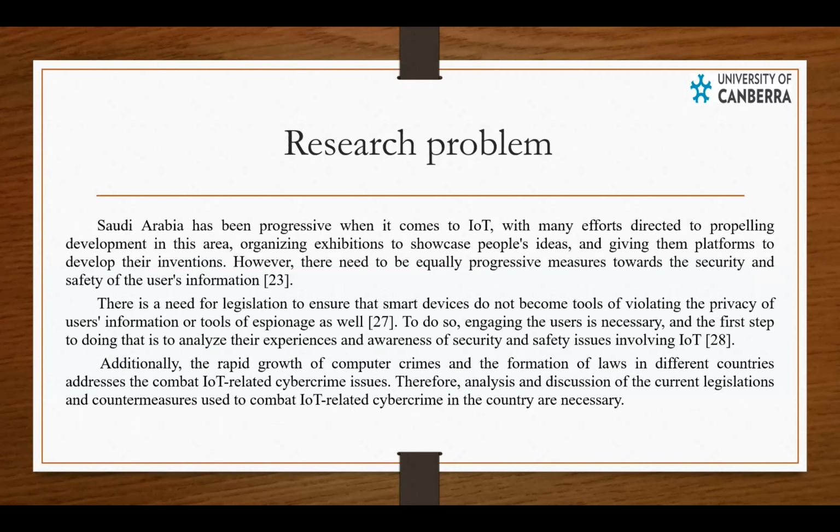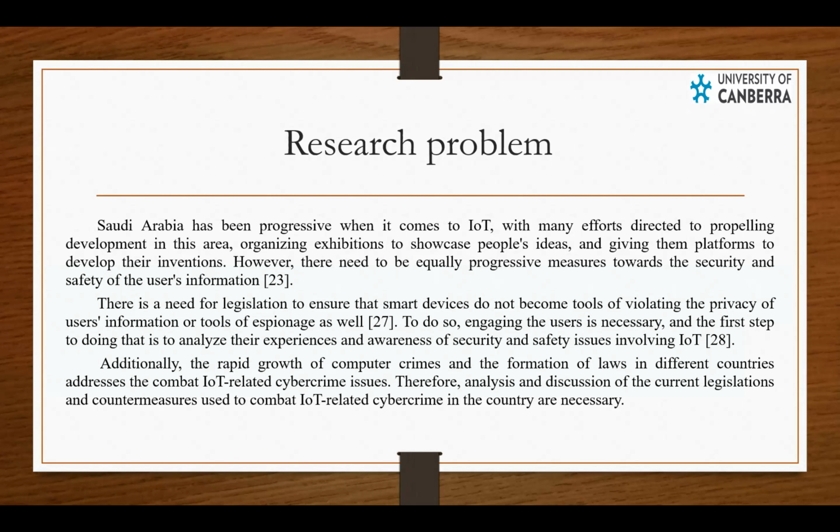So Saudi Arabia has been progressive when it comes to IoT, with many efforts directed to the development in this area by organizing exhibitions, showcasing people's ideas, giving them a platform to develop their innovations.